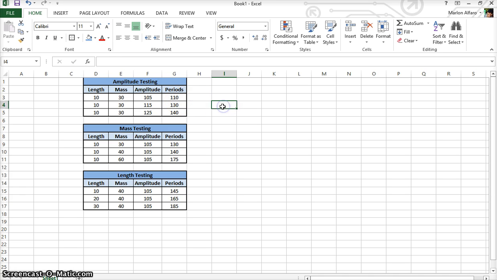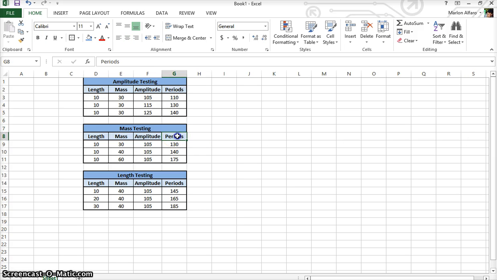Now to do the graph, here is how you can highlight multiple columns. If you highlight one by dragging your mouse, and then hold the control key, it will let you highlight more than one column.